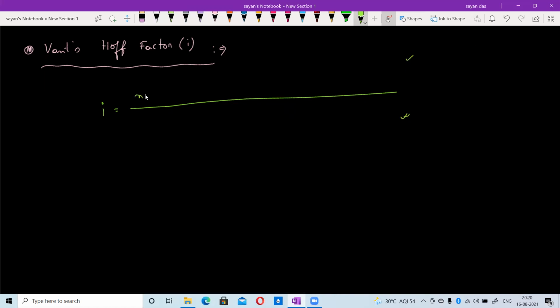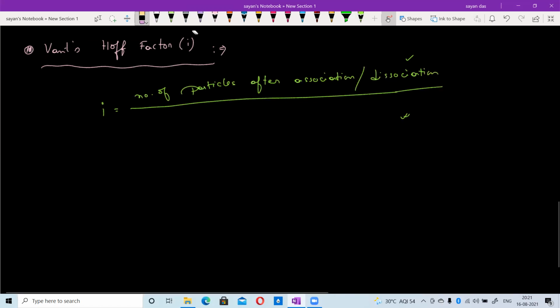So just write down: number of particles present after association or dissociation, and this one is the number of particles before dissociation.